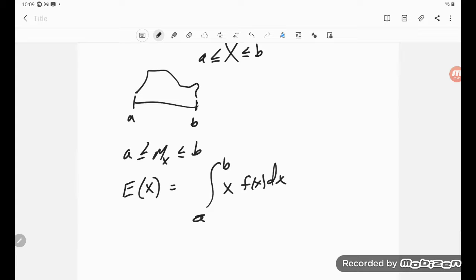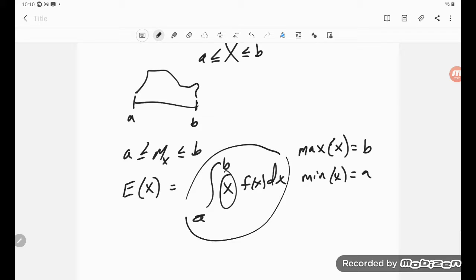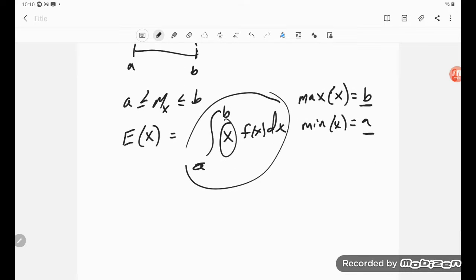So what you know is that X here, the maximum it can be is B. So the maximum of X is equal to B, and the minimum of X is equal to A. And so if we bound this by separate integrals involving A and B on top and bottom, we should be able to get that answer.